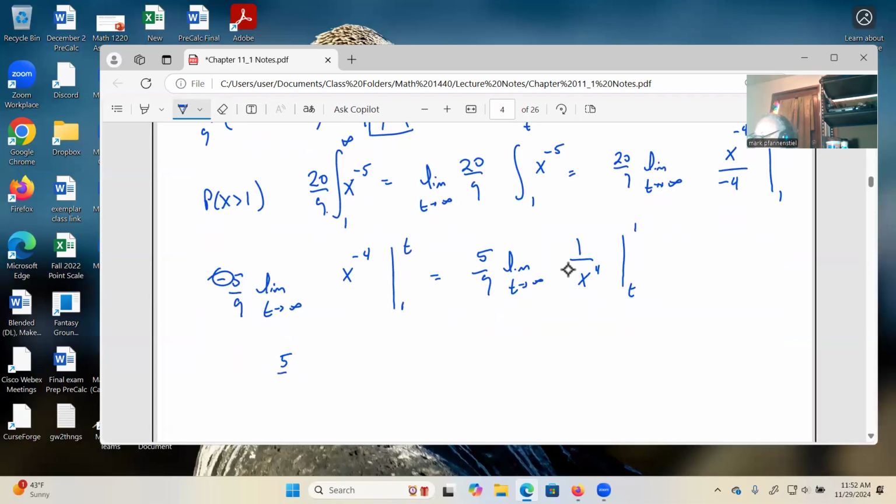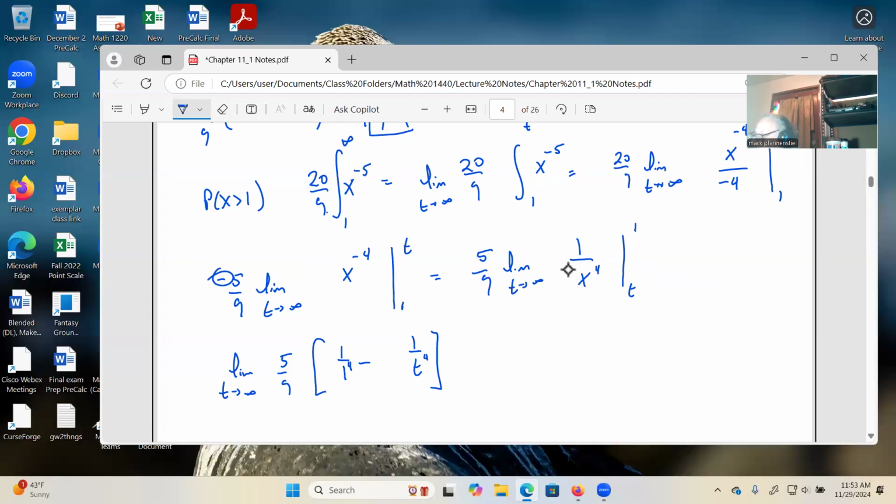We have 5/9. Okay, we end up with 1 over 1 minus 1 over t, right? Limit as t goes off to infinity. Okay, and then t to the fourth if you'd like. 1 to the fourth. And then 1 over t raised to the fourth power.